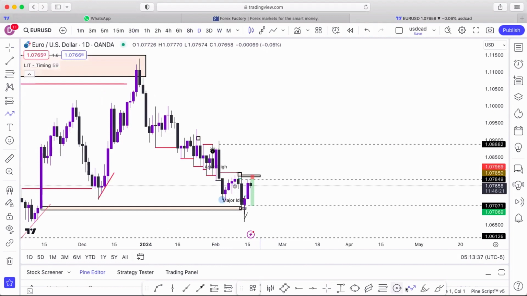Somewhere here. Where? So we can come to here, or maybe take this one too, and then fall.